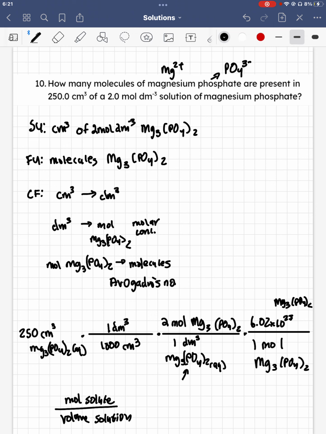All right, so I'm just going to put this entire thing into my calculator, and I put it in all together as one operation so that I can check my work and so that I don't have any rounding issues. I get 3.01 times 10 to the 23rd Mg3(PO4)2 compounds or formula units, whatever you want to call them.